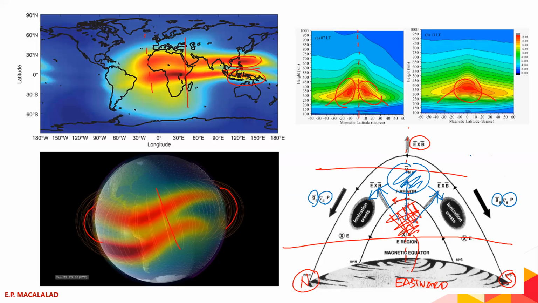So we call this the fountain effect. So the net effect is that this fountain effect will have ionization crests in the northern and southern parts of the magnetic equator. And that is what we can see here, here, and here.